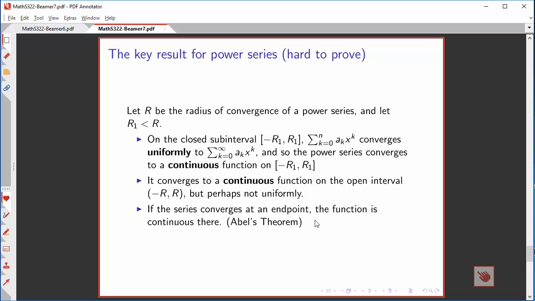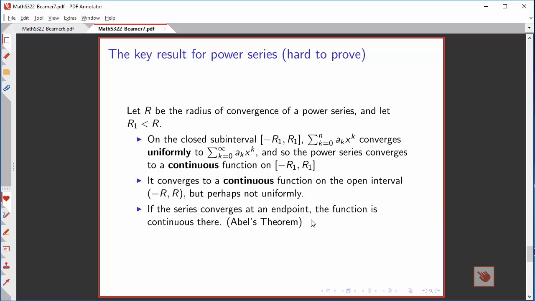Suppose the series converges at an endpoint. To show this, we generally require an extra convergence test, and it turns out that if the series converges at an endpoint, the function is continuous there. This theorem is attributed to the great Norwegian mathematician Niels Abel.